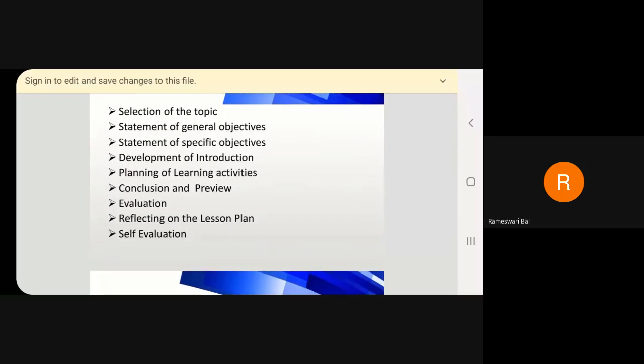We have to do assessment here. So it is known as objective based evaluation.